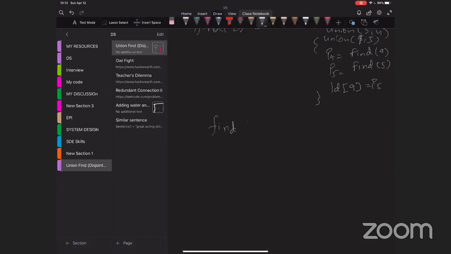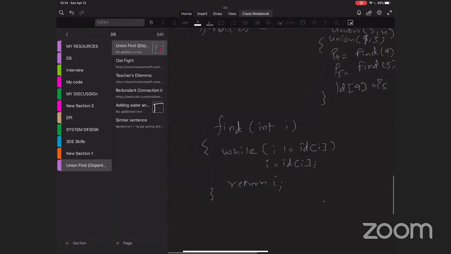So find, when it asks for find, what we say is: while I is not equal to ID of I, I is equal to ID of I, and then return I. Right? So this code is very simple, right?